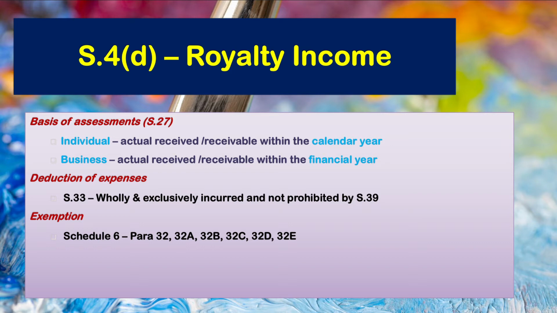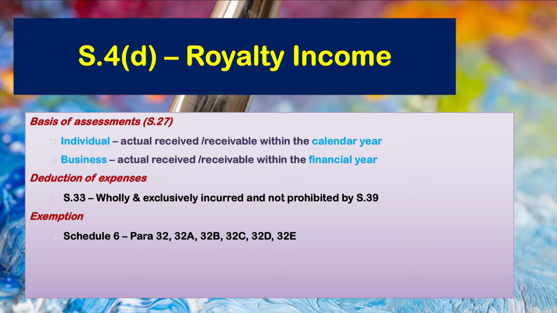The next one, para 32A, is about translation: royalty that you receive in relation to translation of books or literary work at the request of the Ministry of Education, Higher Education or the AG's Chambers, meaning you do translation work from any language. It can be from Bahasa to English, from Mandarin to Bahasa, whatsoever. In that case, whatever amount you receive, you will get an exemption of 12,000.